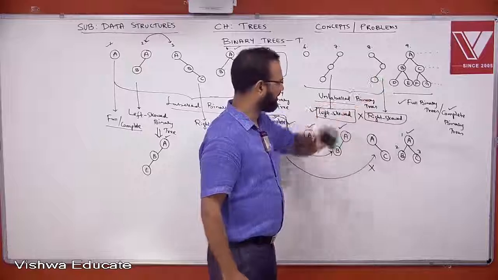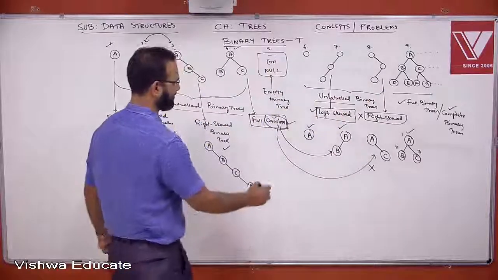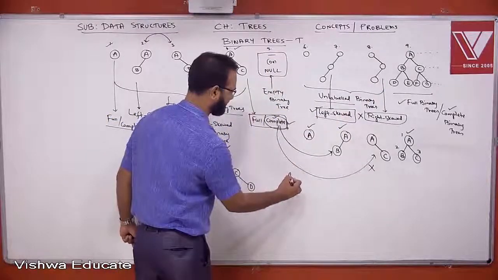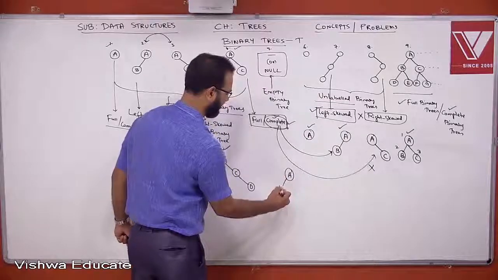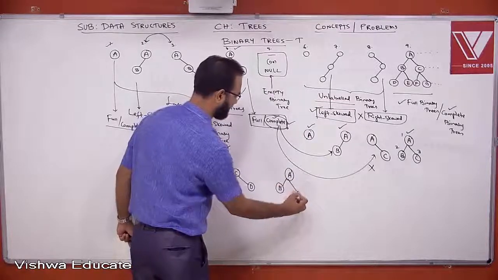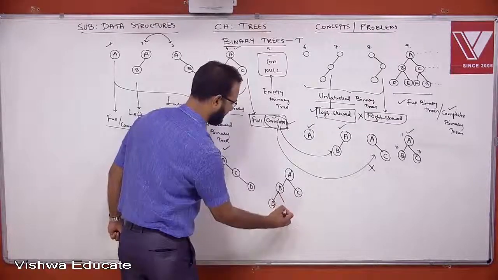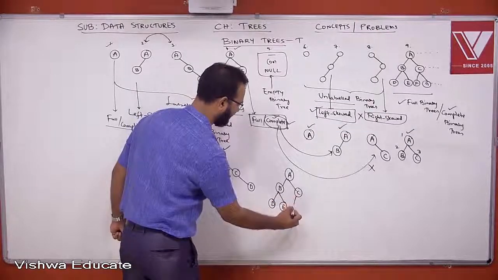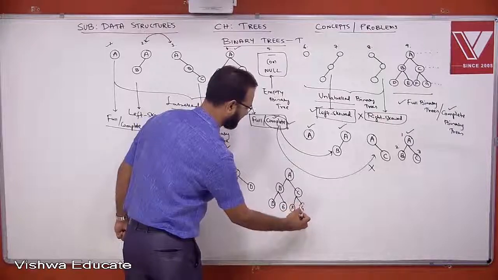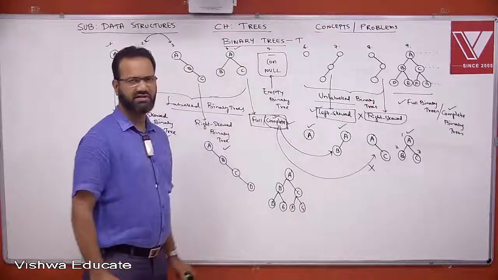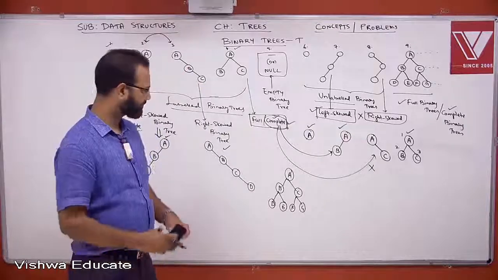Take another full binary tree, this particular one. I'll now take this full binary tree as A, then B, then C, then D, E, F and G. Obviously it is a full binary tree.